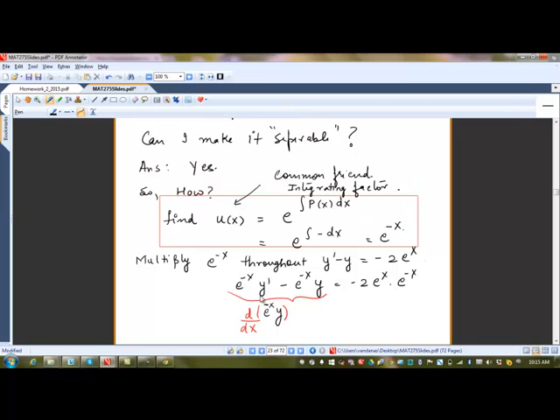Once you are able to find this, you just multiply it in the entire differential equation, and what it does is combine the left hand side two terms into itself times the unknown function derivative.